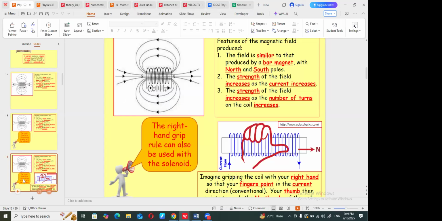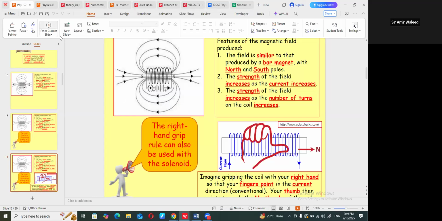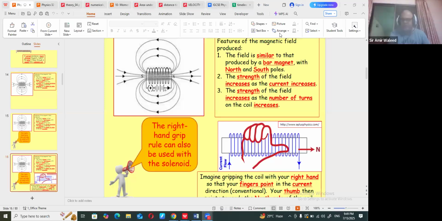Now, if you see that, this is very interesting. You will understand it. If this is the wire, for example, and current is going this way, anti-clockwise, your fingers will curl in this direction.